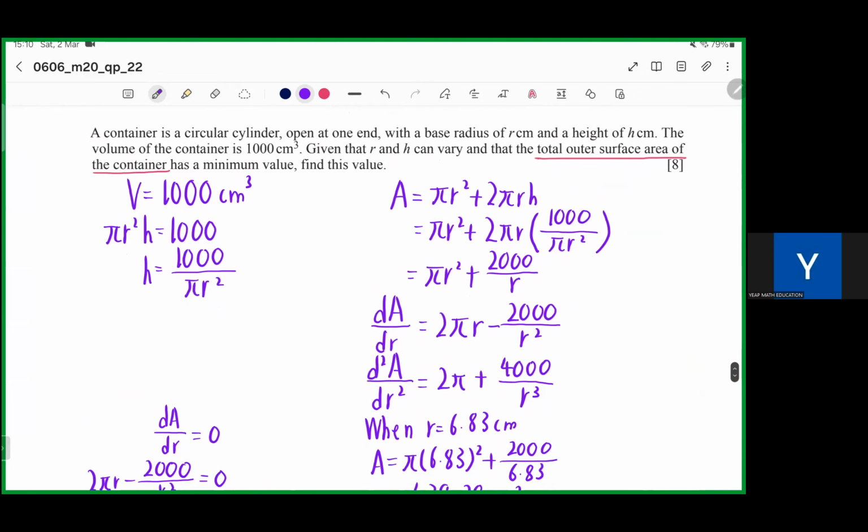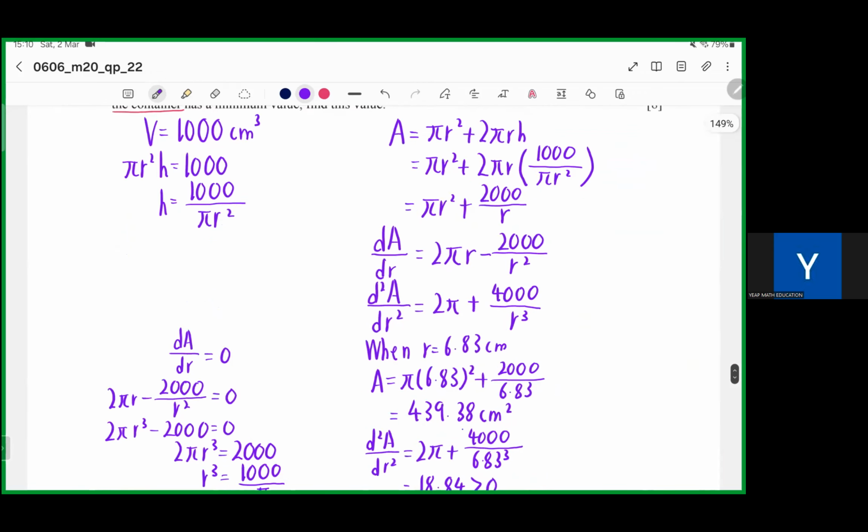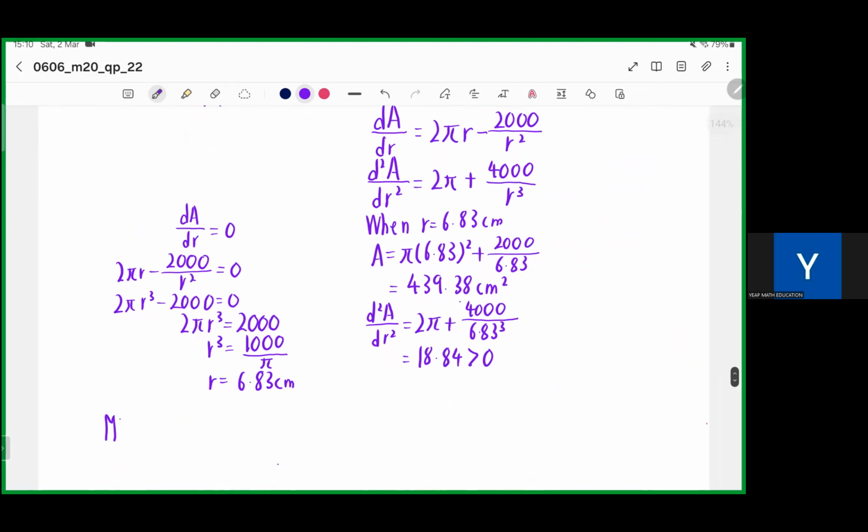Now I write the completed answer: the minimum total outer surface area of the container is 439.38 cm squared.